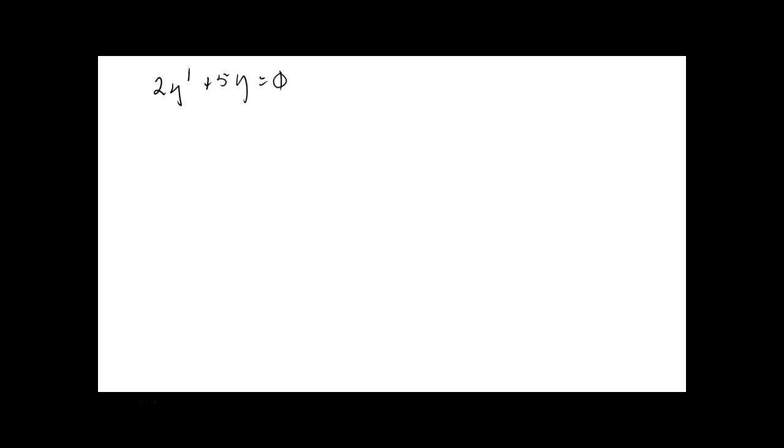What can we conclude from what we just did? Well, we said y is equal to e to the mx was the solution, right? That's what we concluded. What did we say the m was going to be?